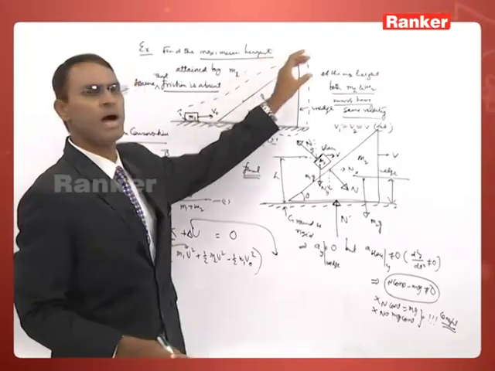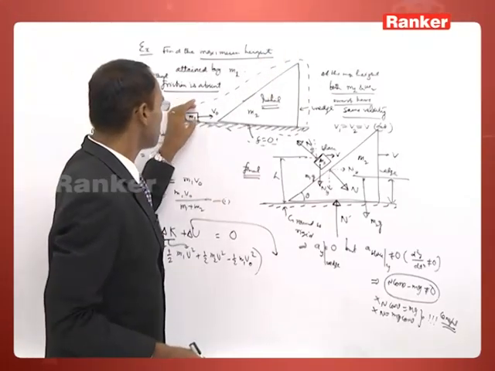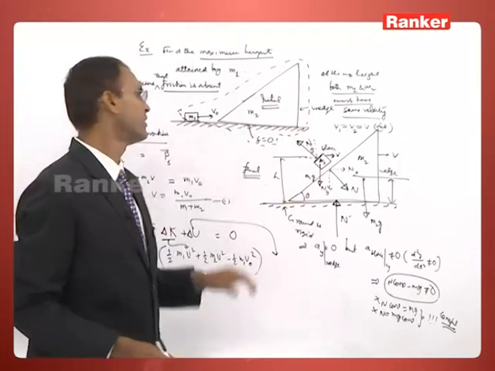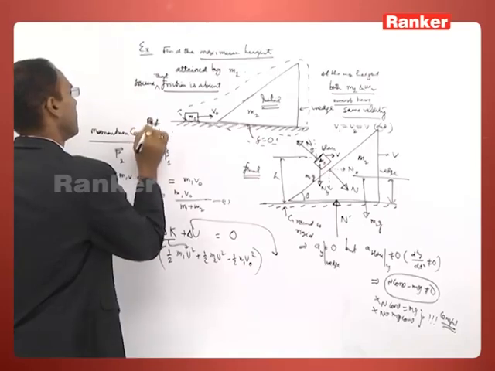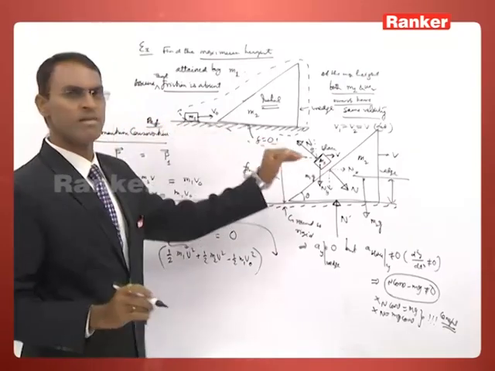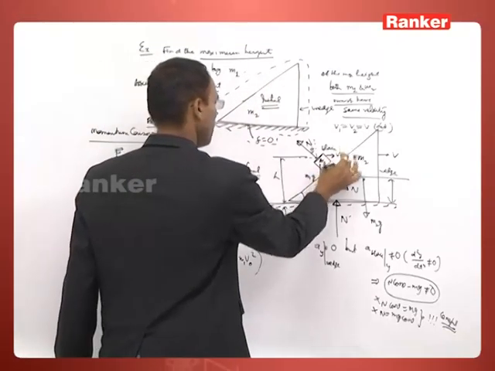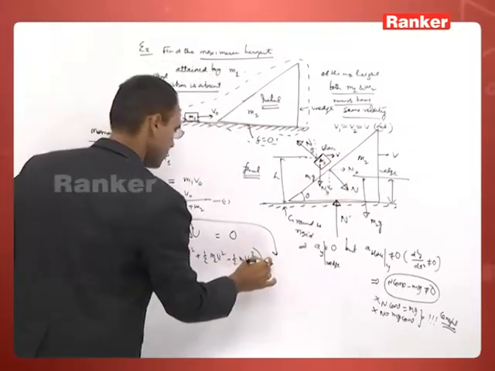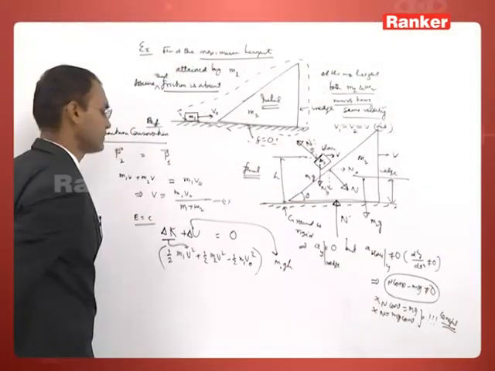Since the block is moving up and up, the gravitational potential energy of the block will increase from 0, if you take this ground level as the reference level, to the maximum value m1gh.